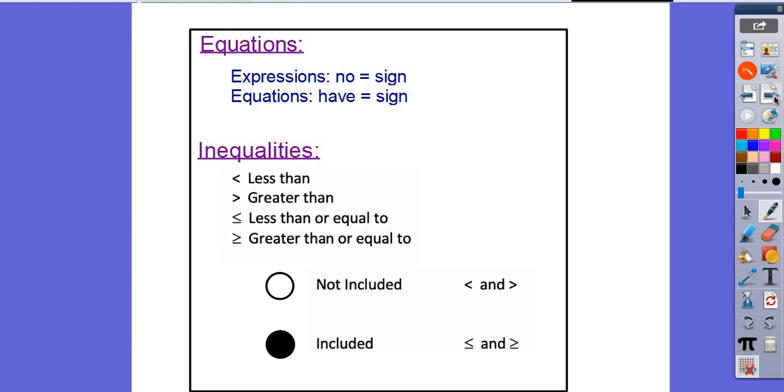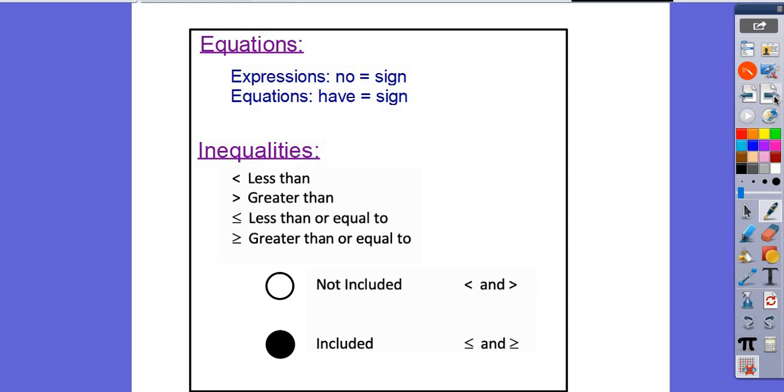Equations. You have expressions that have no equal sign. Equations have equal signs. Then under inequalities, you have a less than, greater than, less than or equal to, greater than or equal to. Then these circles, that's how inequalities are graphed on a number line.